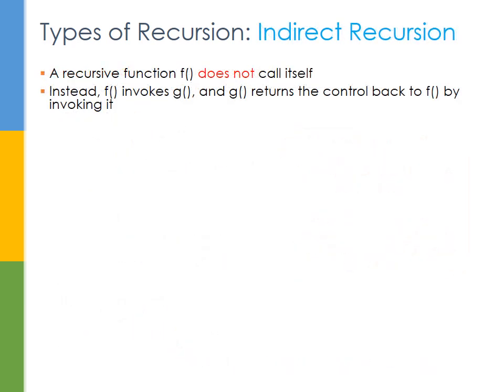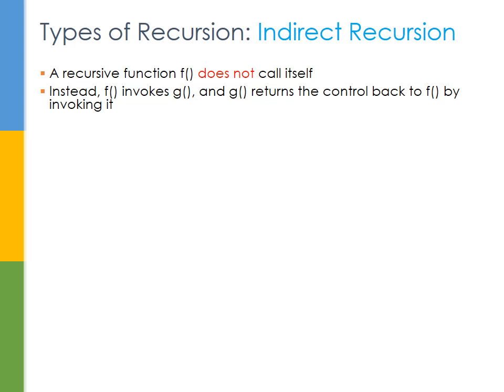So far, we've only looked at recursive functions that directly call themselves. However, it is not necessary for a function to call itself directly in order for the series of operations to be recursive operations. So we may have a situation where we have one function that calls another function that calls the first function again.